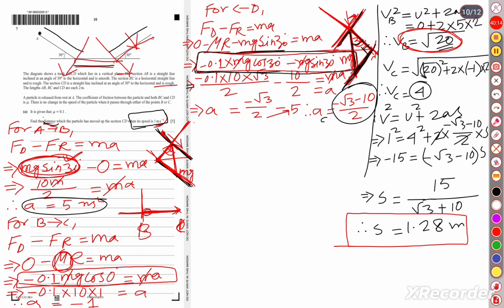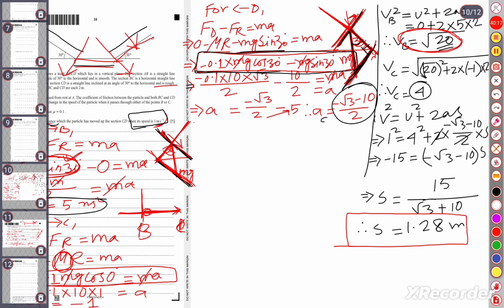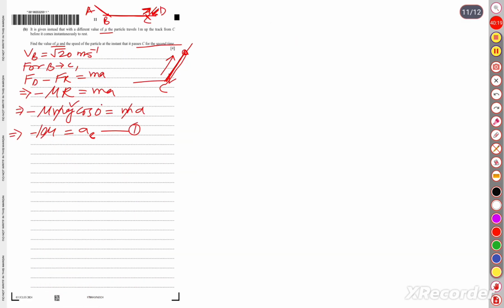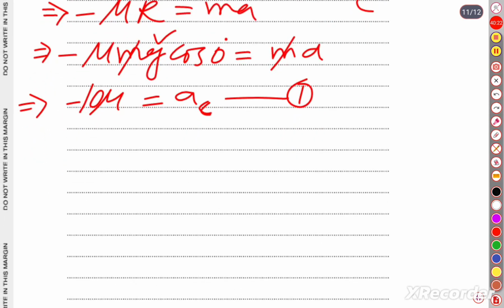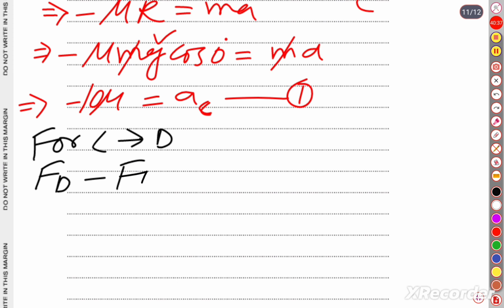So let us write it for section C until D. Driving force minus resistance force is equal to ma. What we are going to copy, there is no driving force, so it's 0, and let it not be written, and resistance forces are there.